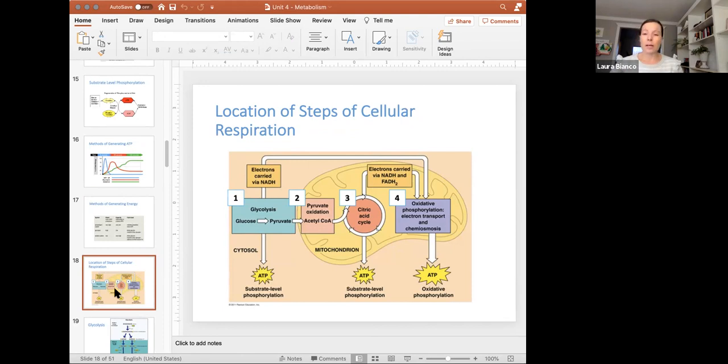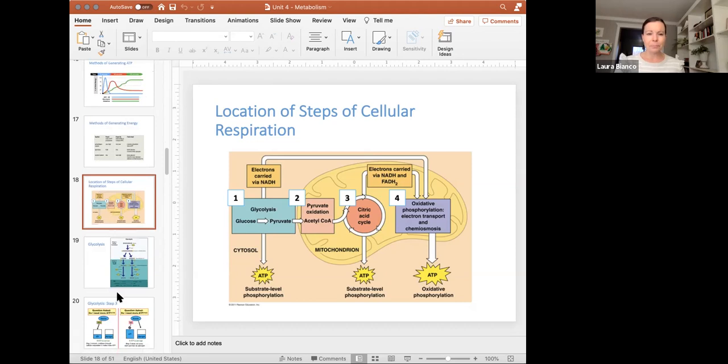This isn't as quick of a process as substrate level phosphorylation, but it does end up producing a lot more ATP. Cellular respiration involves 4 steps. It involves glycolysis. Then there is a little transition step. Then there is the Krebs cycle, and then the electron transport chain.